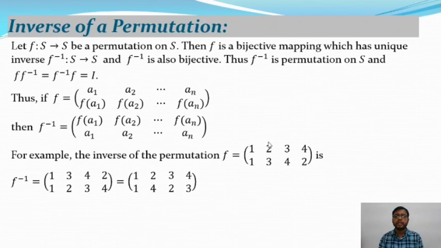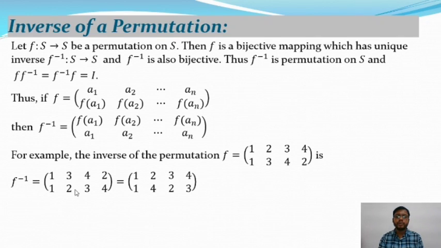That means in this permutation 1 goes to 1, 2 goes to 3, 3 goes to 4, and 4 goes to 2. And its inverse permutation: the elements in the range set are in the first row, that means 1, 3, 4, 2, and the corresponding elements of the domain set are 1, 2, 3, 4.